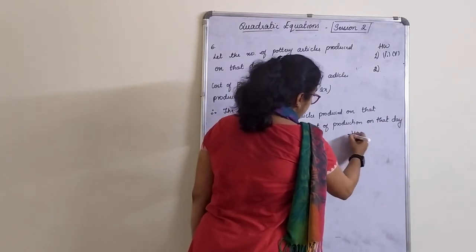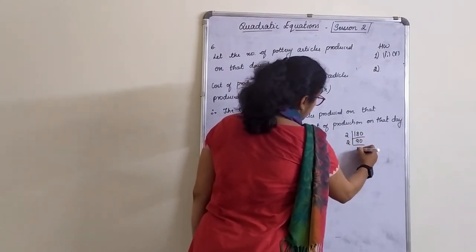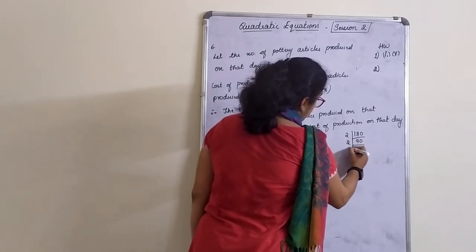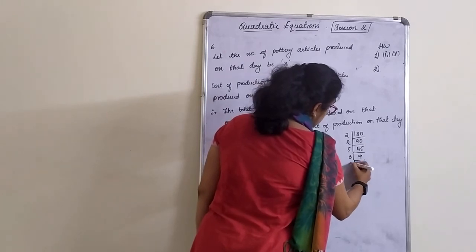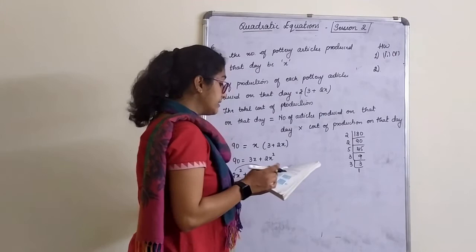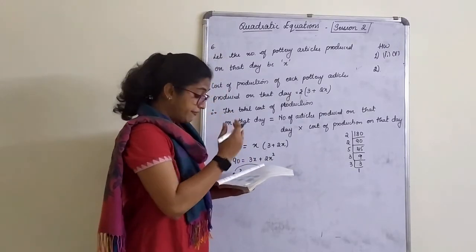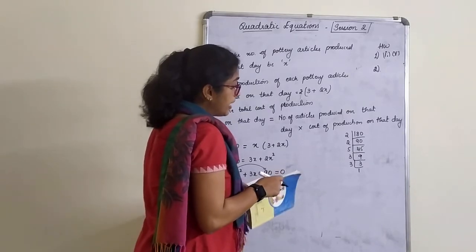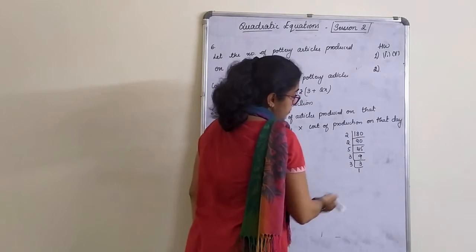So 180 factors we will find. 2 nines are 18, 2 fives are 10, 5 nines are 45, 3 threes are 9, and 3 ones are 3. Now we have to get it in such a way that when we multiply we get 180, but when we add and subtract we get 3. So let's find out some types of factors here.